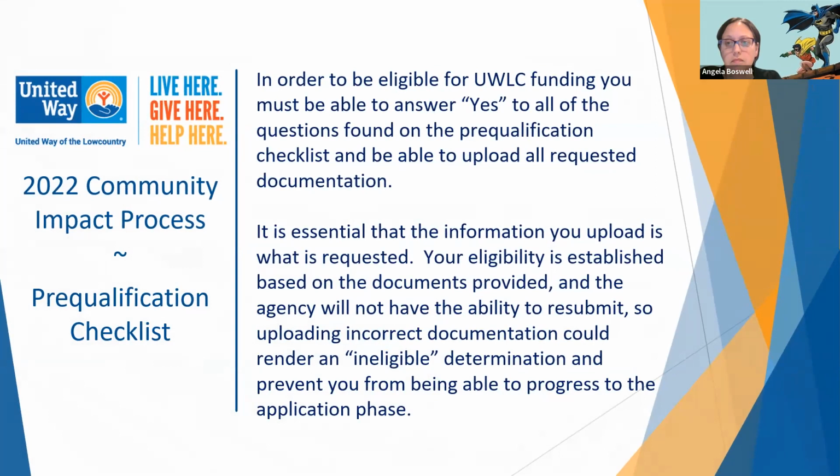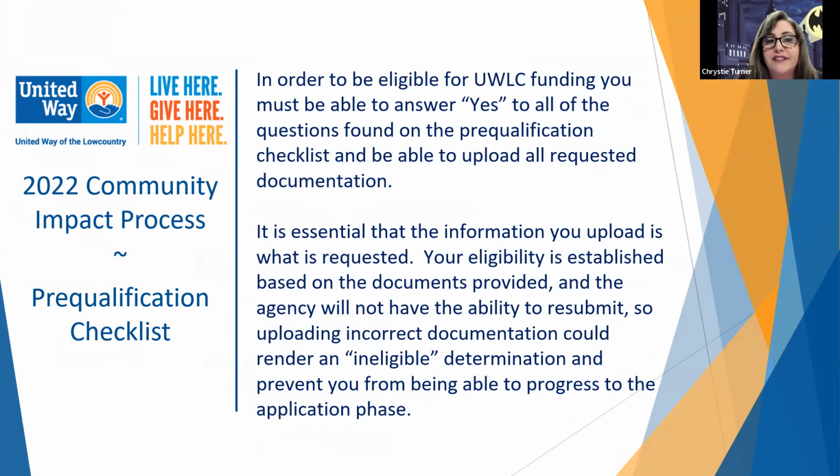All right, so in order to be eligible for United Way funding, you must be able to answer yes to all of the questions found on the pre-qualification checklist, and be able to upload all the requested documentation. Once we get into the software in the second half, you're going to notice that there are no answers, and there's only a yes button.